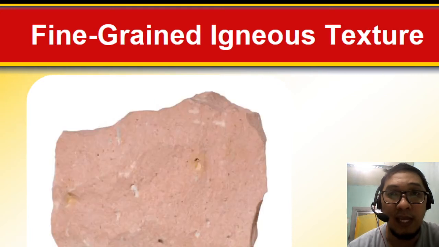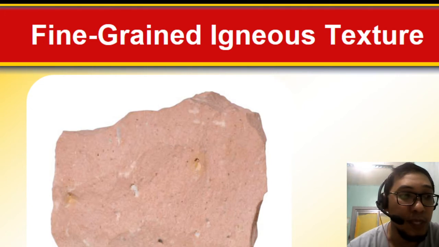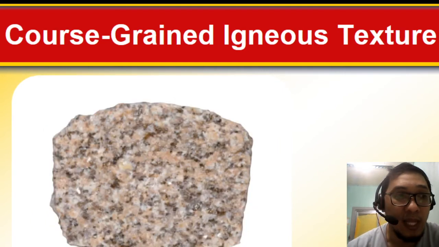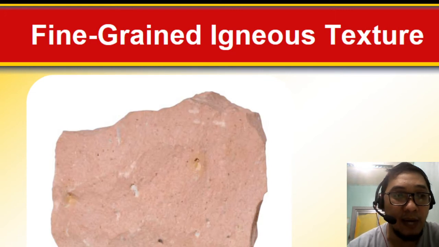On the other hand, fine grained igneous rock is caused by rapid cooling, therefore resulting in smaller interconnected mineral grains. Again, coarse grain like this one is slow cooling, and fine grain like this one is a result of a rapid cooling process.